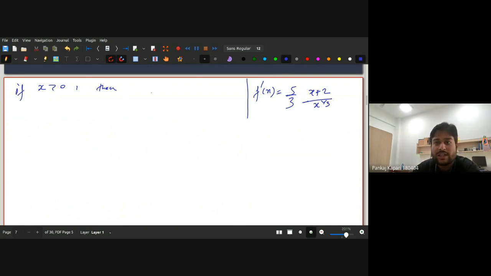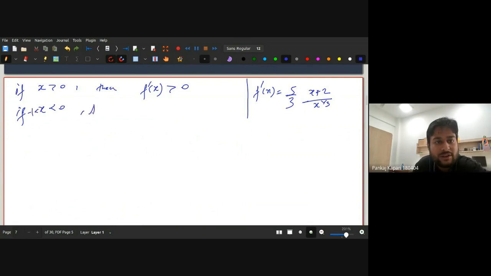If x is positive, the denominator is positive, and x plus 2 is also positive, because x is positive. So again f prime x is positive. And if x is negative and we are in the small neighborhood of 0, we can assume that x lies between -1 and 0.